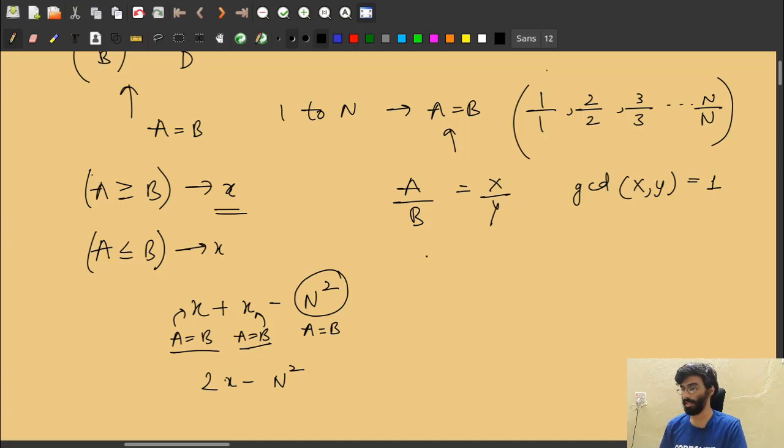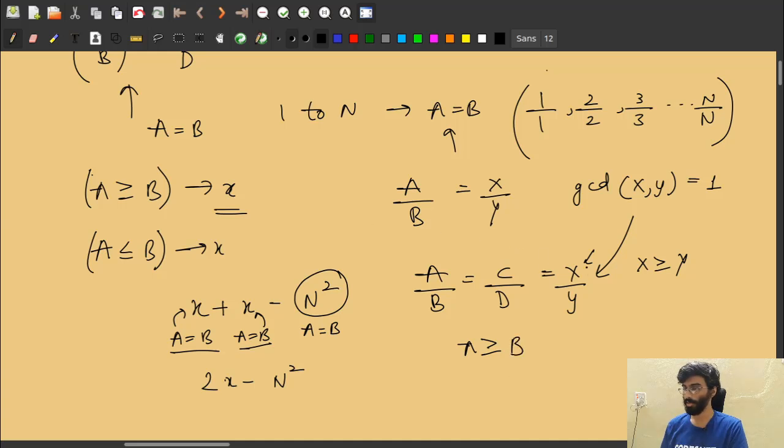Therefore we have to find a by b equals c by d equals x by y, where GCD of x and y is equal to 1, where x is greater than or equal to y because a is greater than or equal to b. Now we have to find the number of fractions x by y, where x and y should lie between 1 to n.